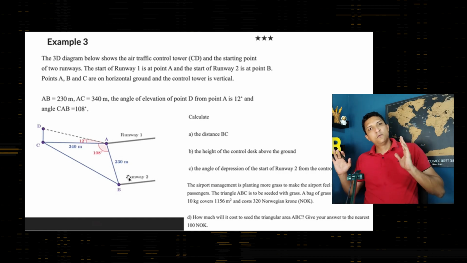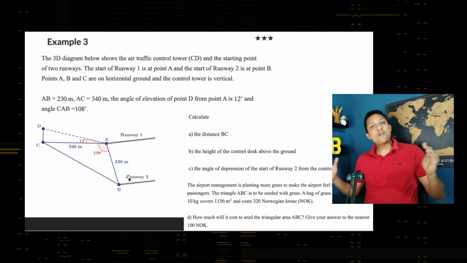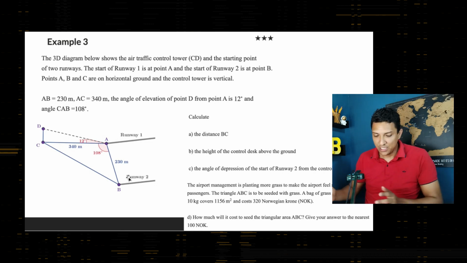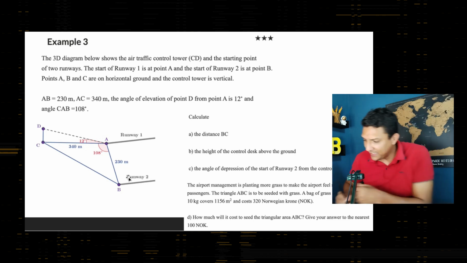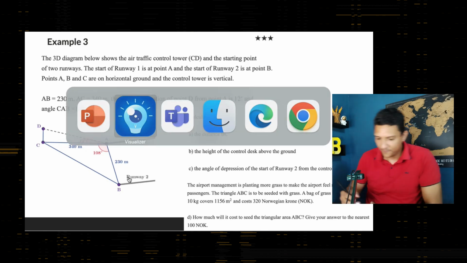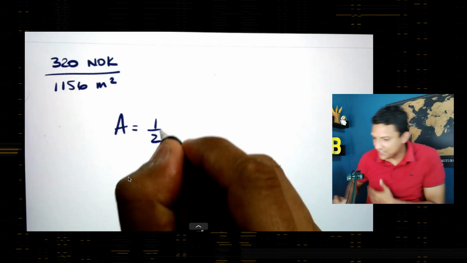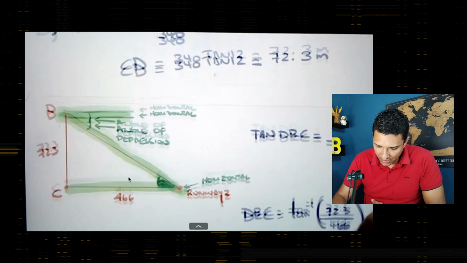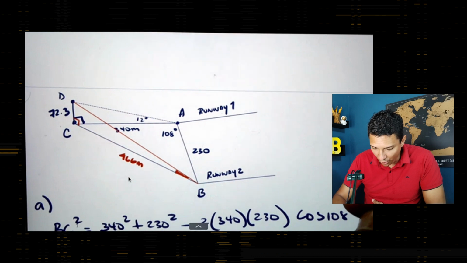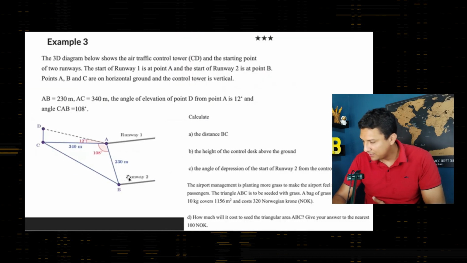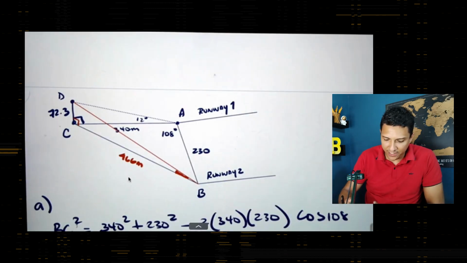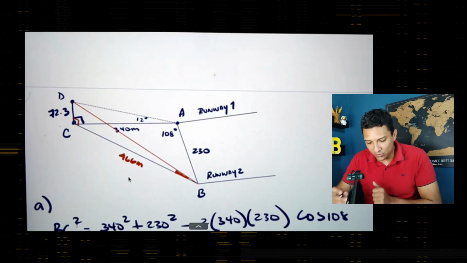We already learned how to find the area of a triangle like this one. Basically, the formula is 1/2, the first side is 340, the other side is 230, and the angle is 108.